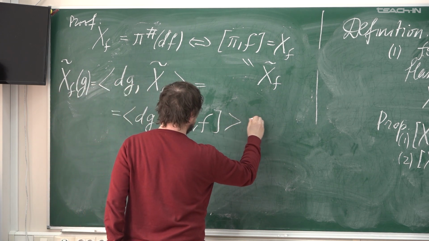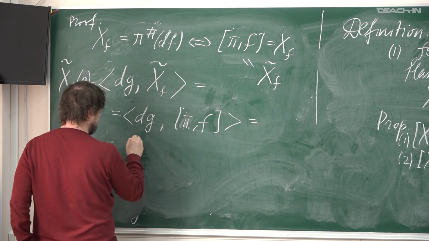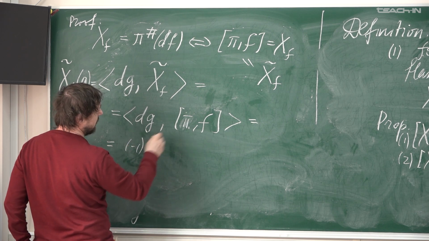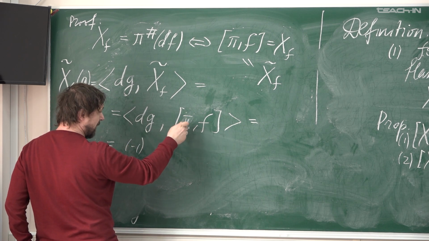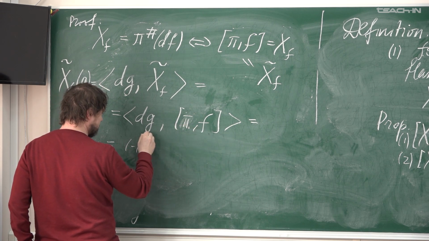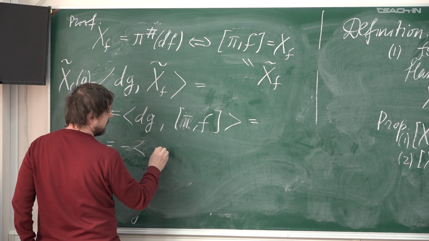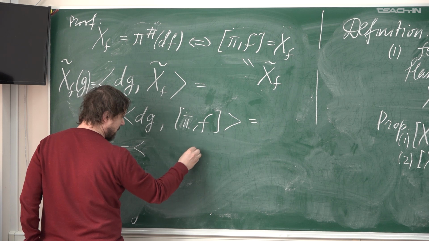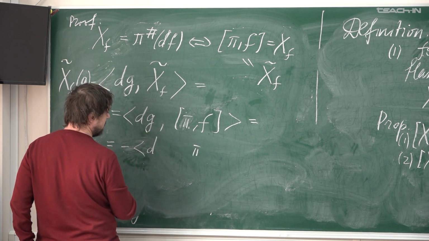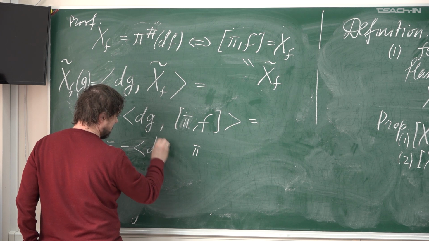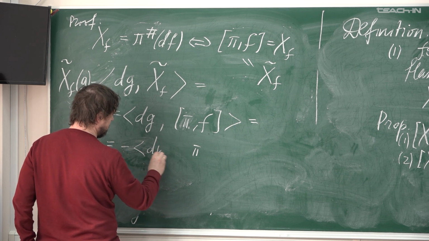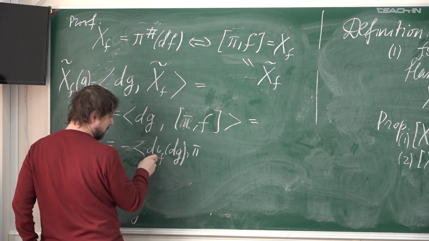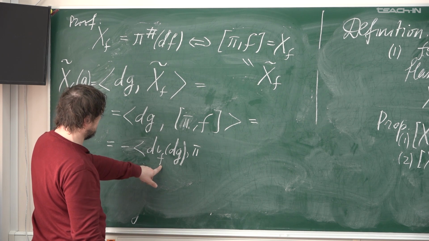What is it equal to? It is equal to minus 1 to the power p minus 1. So 1 and 1, right? So it's just minus 1 minus pi contracted with d of i_f of dg, which is of course 0, right?